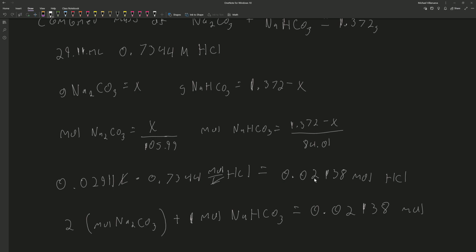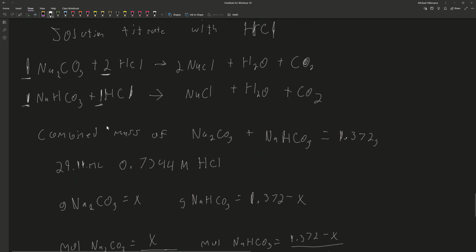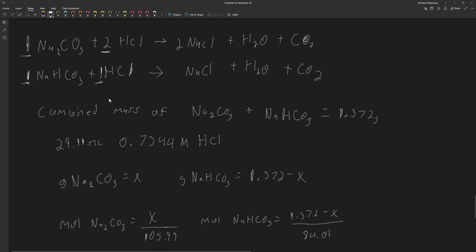So we have the total moles of HCl here. The total moles of the NaHCO3 plus the Na2CO3 should equal the combined moles of the HCl. The reason why we have 1 and 2 is, look at the reaction. We have a 1-to-2 reaction with the Na2CO3 and a 1-to-1 reaction with the NaHCO3.